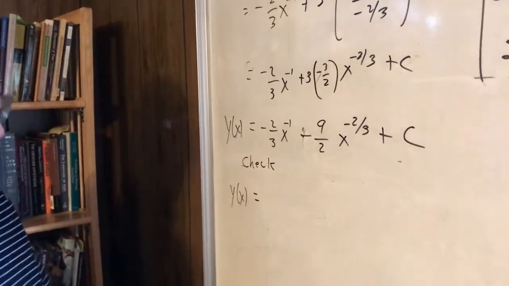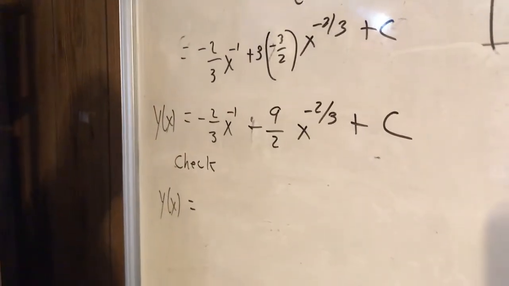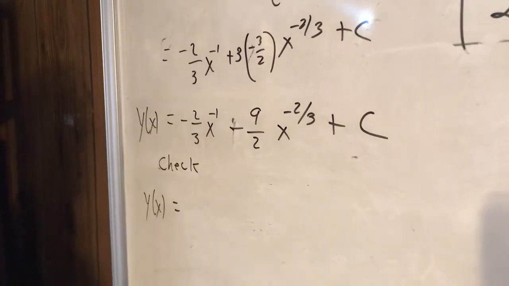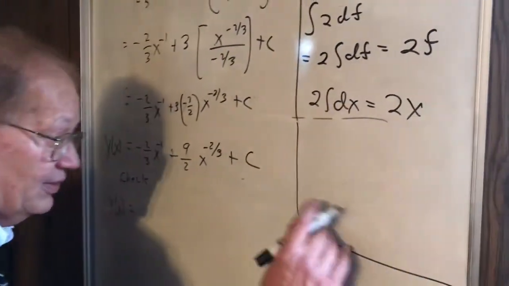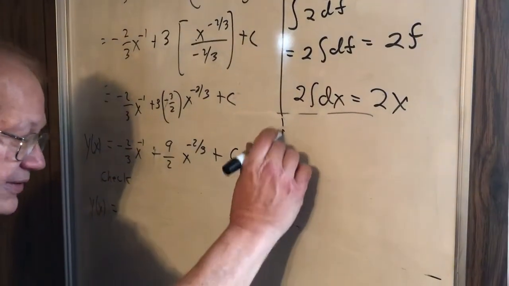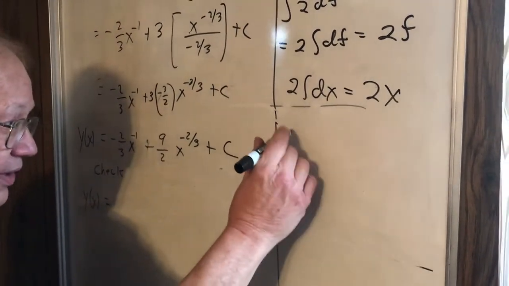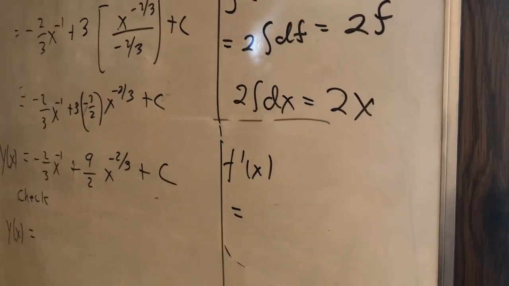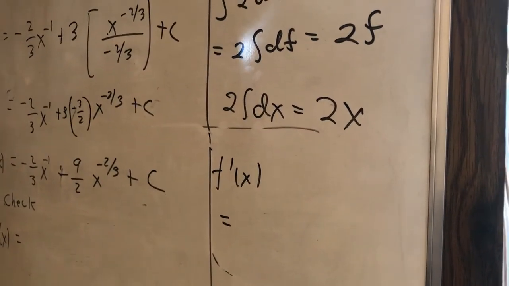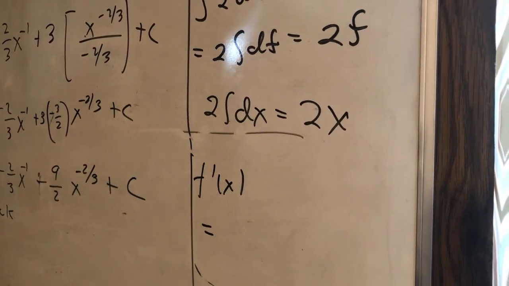So what was the original function here? Well, let's write down the original function first. What did I have originally? Well, I'll put it down here. I had y prime x equals, what do I have? 2x to the minus 2.